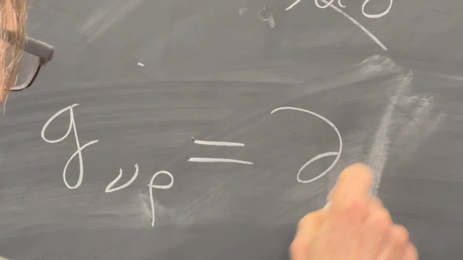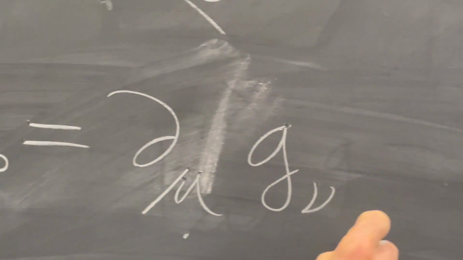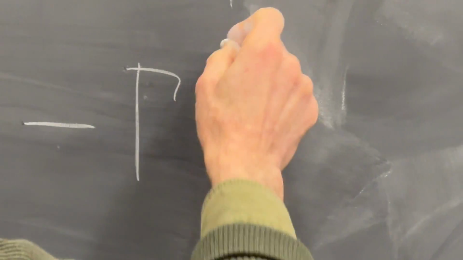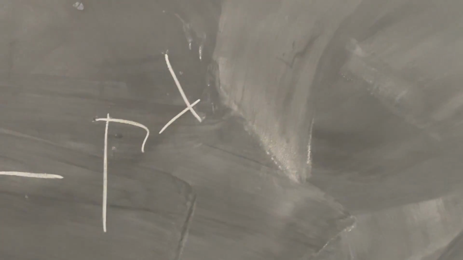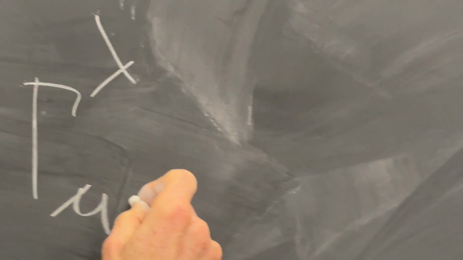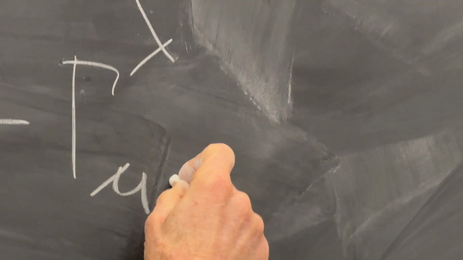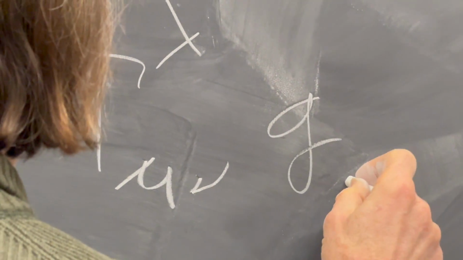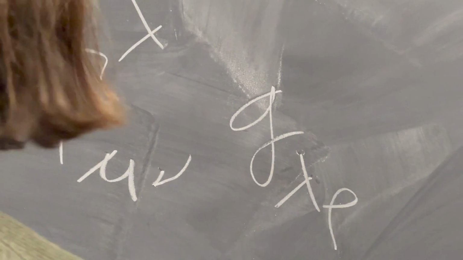That is d mu of g nu rho, the normal derivative, and then minus gamma, and I call that lambda, and then mu, times g lambda rho.